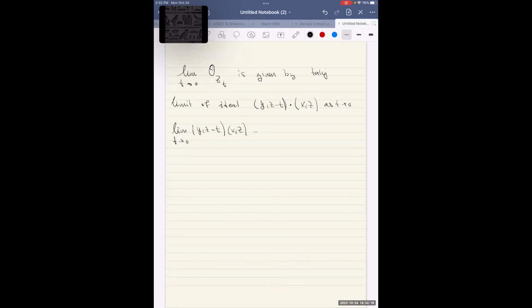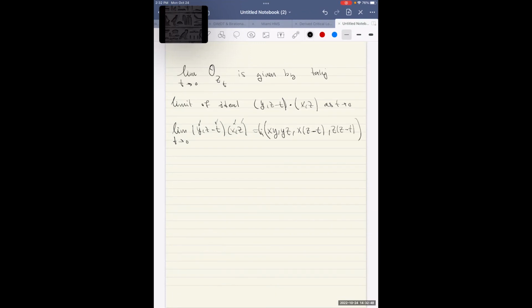What is this product equal to? This product is an ideal, since a product of ideals is an ideal. If I multiply all the functions generated by these pieces, xy is there, yz is there, then x times z minus t is there, and z times z minus t is also there.